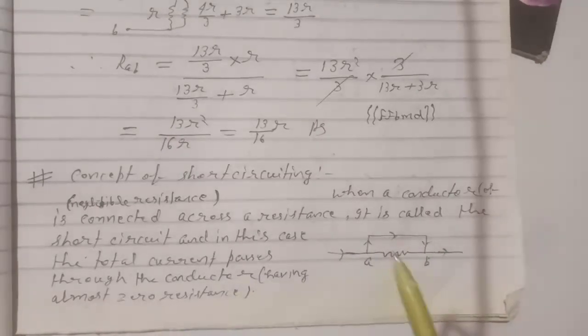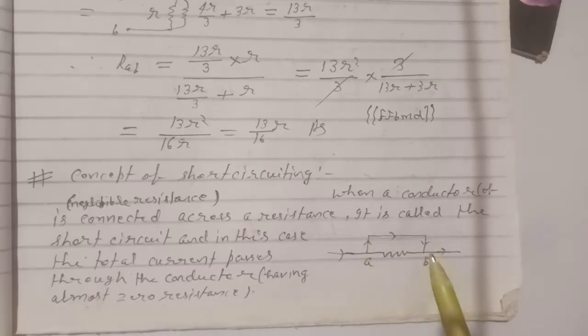For example, here between points A and B there is a resistor, and we are connecting a conductor of negligible resistance, that is, its resistance is very small compared to this. So this will be called short circuiting of this resistance.